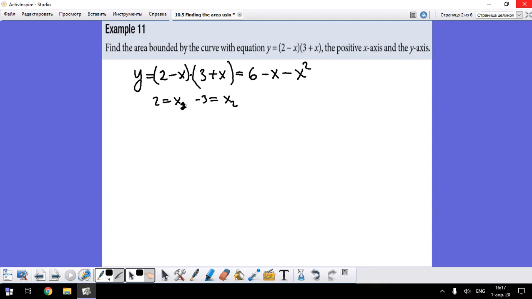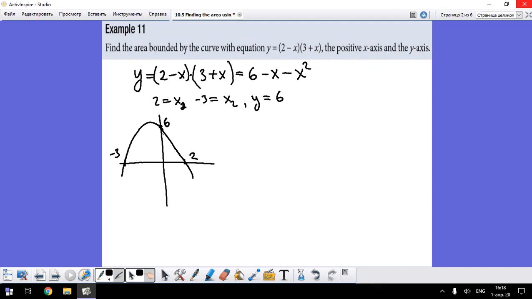Now let's draw the graph of this function. As you know, this function is a quadratic function which opens downwards because we have the negative a. So the intersections will be, let us say this is 2 and this point is minus 3, and our approximate function will be such a function, whose y-intercept will be 6, because if you enter 0 for x, you will get the y-intercept as 6.